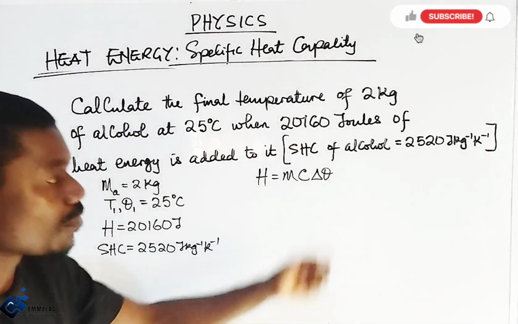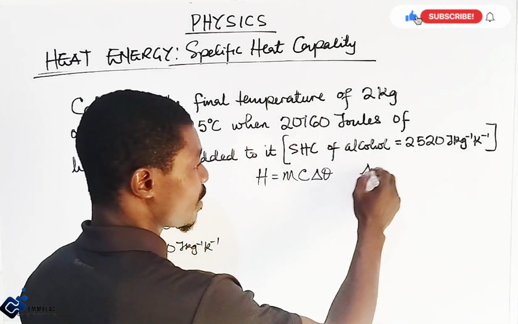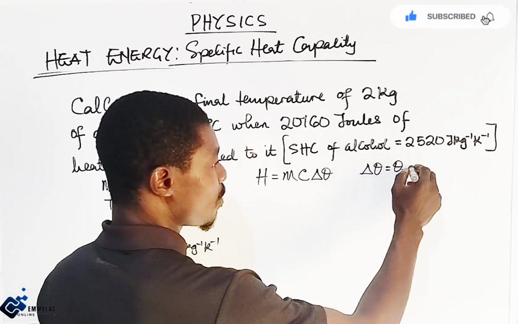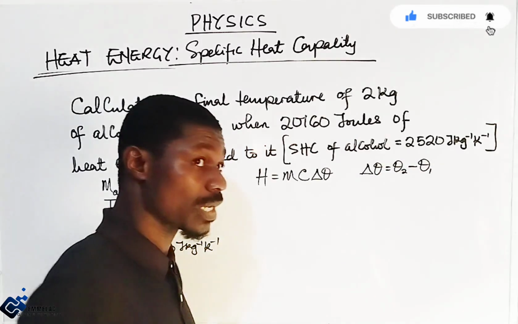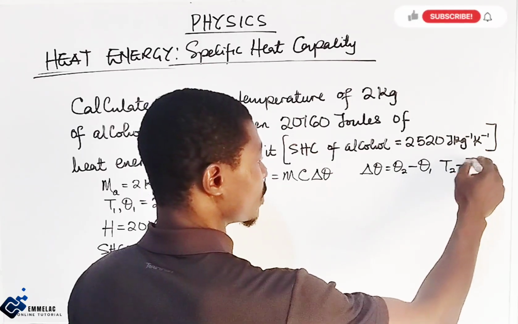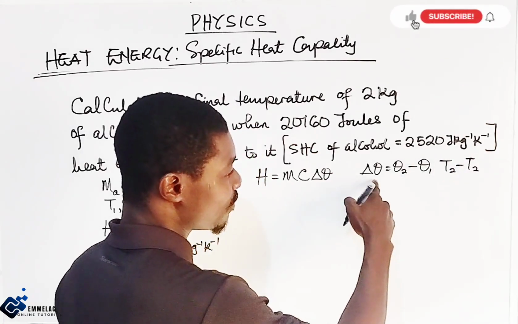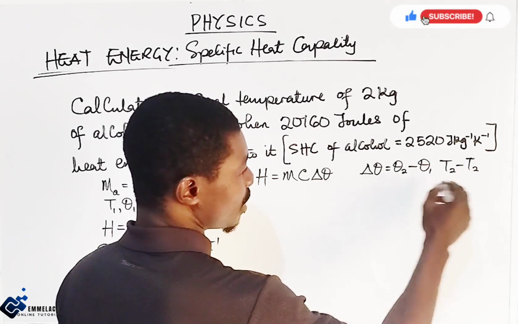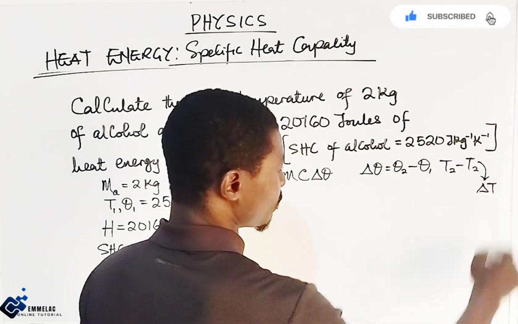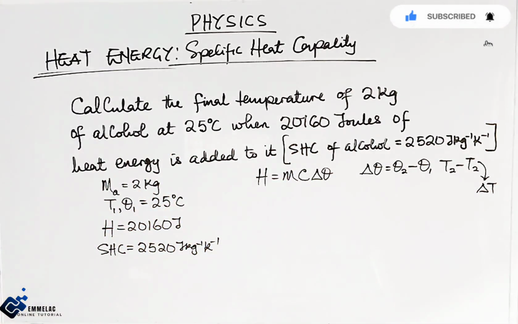Now this change in temperature, that is change in theta, is theta2 minus theta1, which can also be written as T2 minus T1. That is, change in T, which is what?